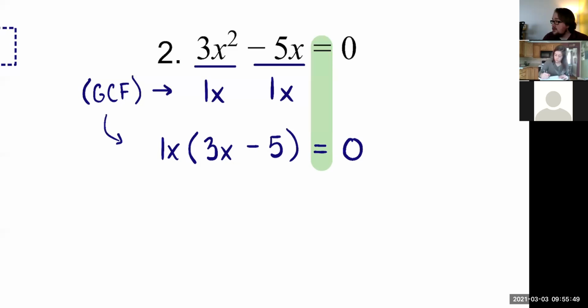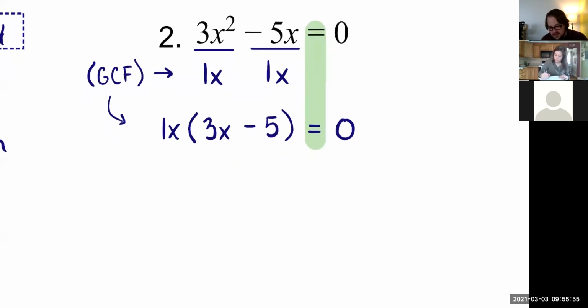So step 2 is done. Not as extravagant as the last one, but it is done, which means then I go to step 3. And step 3, this is again where we say, I have a product set equal to 0. Why not consider the 0 product property?